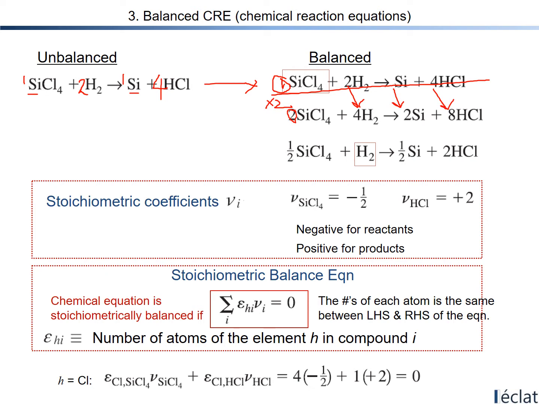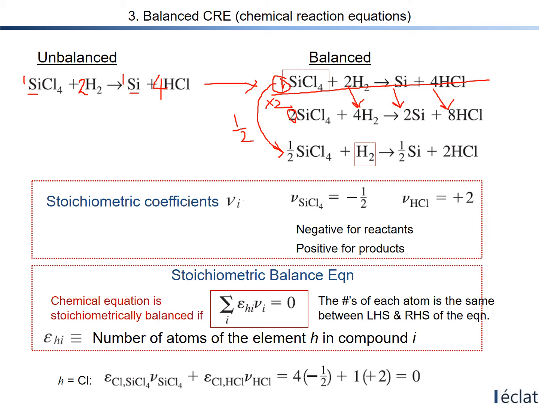Also it is right. The other thing: at this time, with the factor of a half, you have this kind of stoichiometric coefficient for each entity.